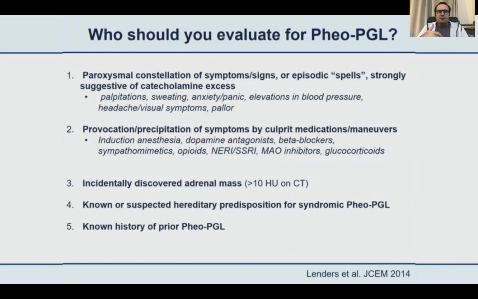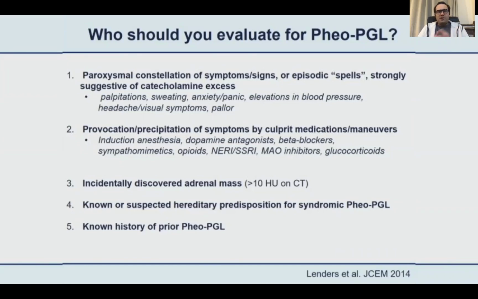Number two, when the patient has the precipitation of these symptoms by a culprit medication or maneuver, like by the induction of anesthesia or by the beta blockers, steroids, SSRIs, or sympathomimetics, then we should strongly consider the patient for evaluation of pheo PGL.